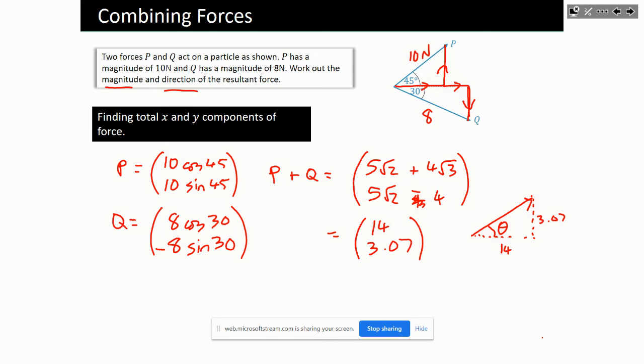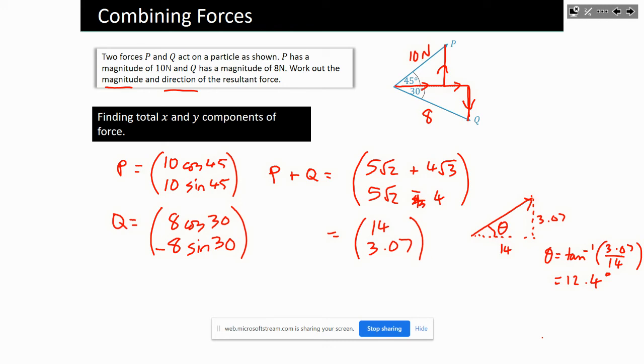So we get an angle of 12.4 degrees. And we generally use degrees.